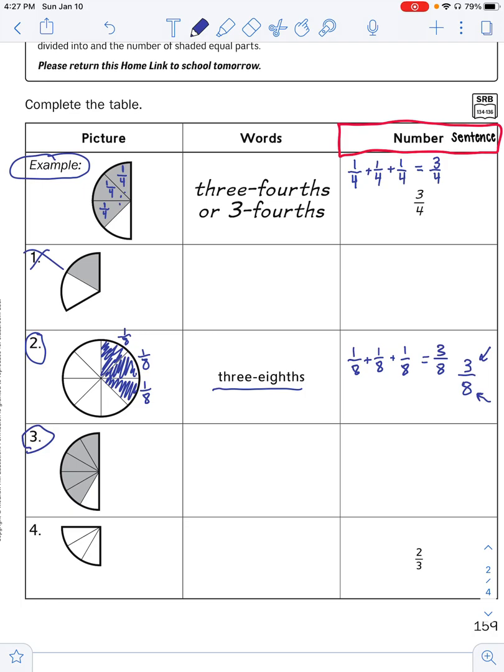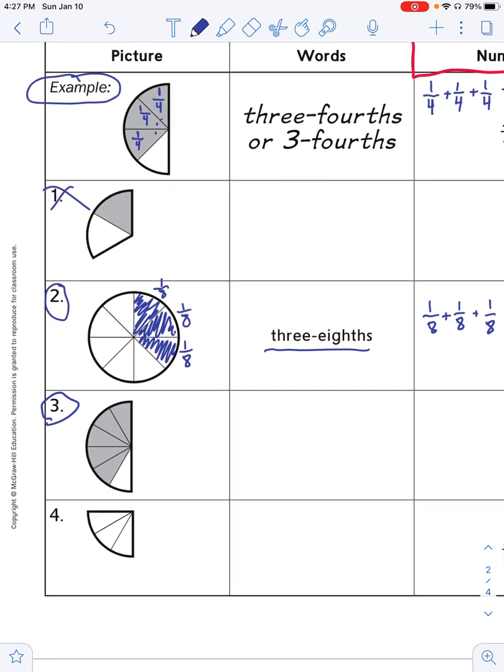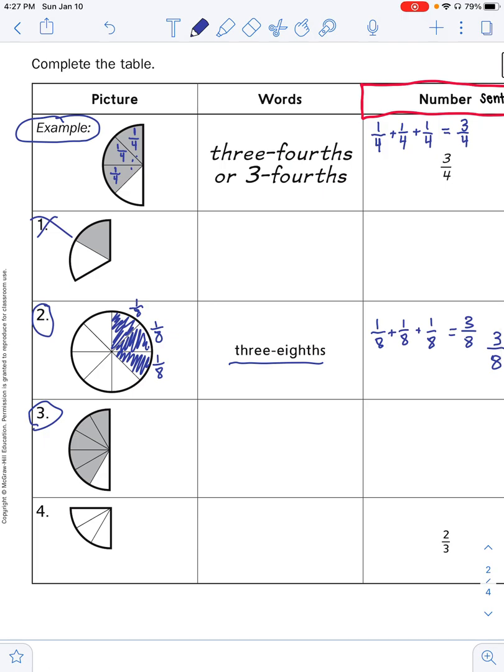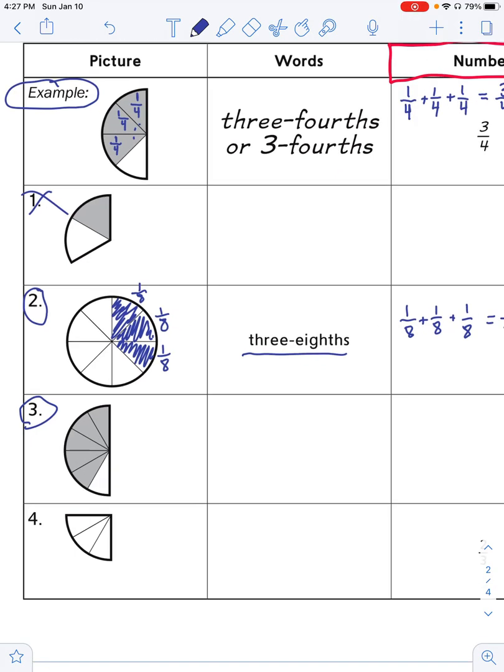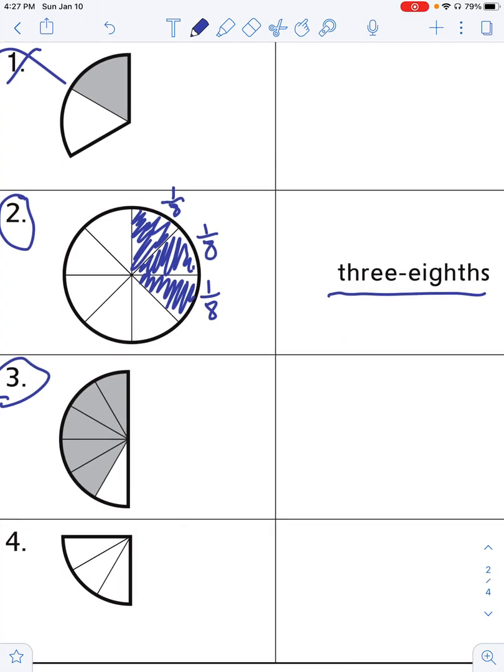Okay, so I think I'm going to label the pieces first on the shape so that I know what to put for my number sentence.